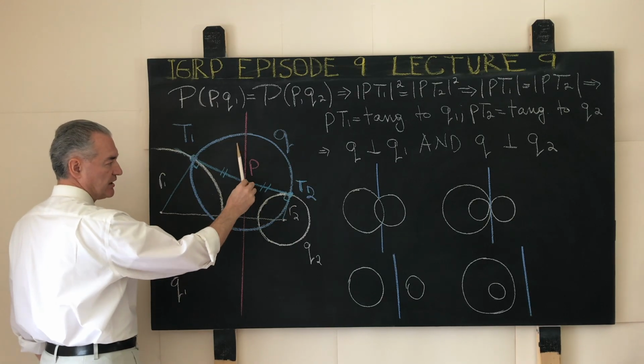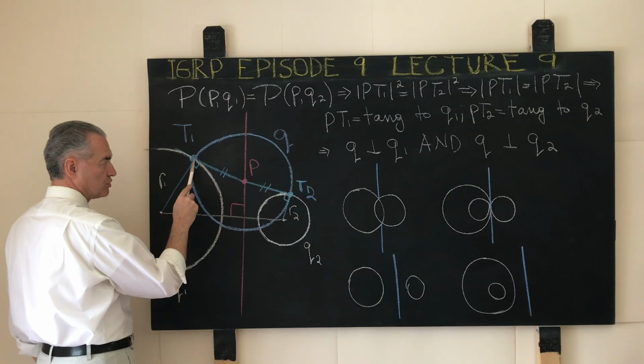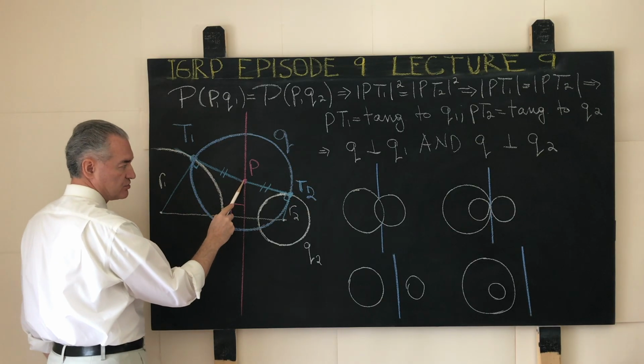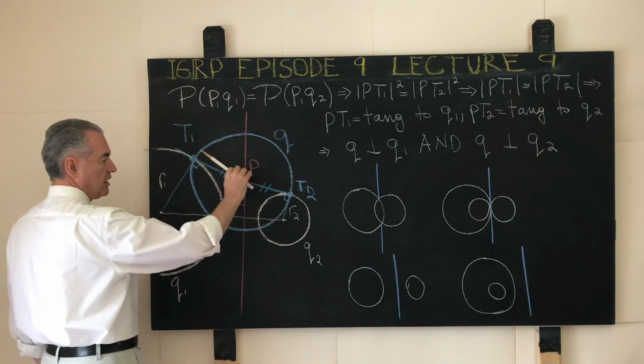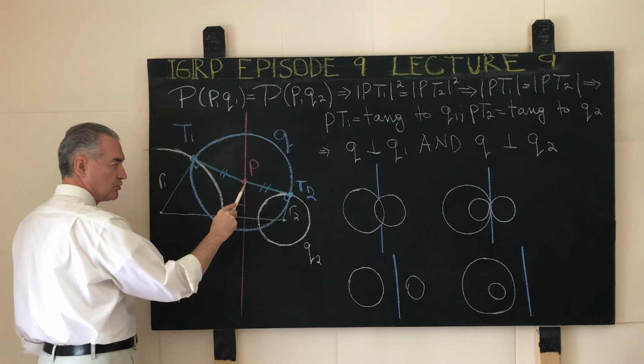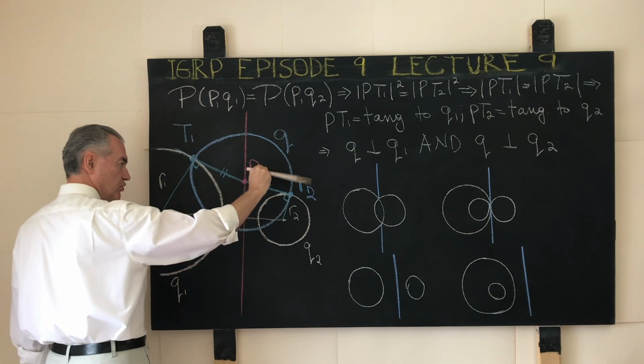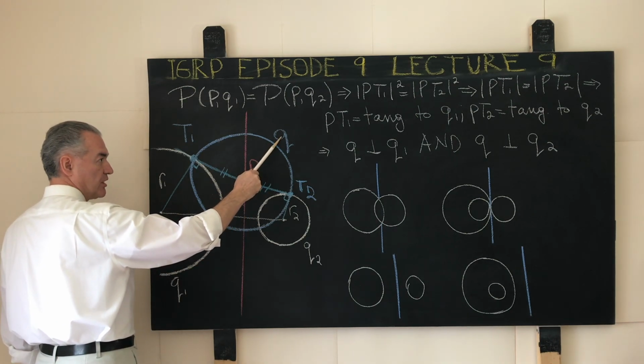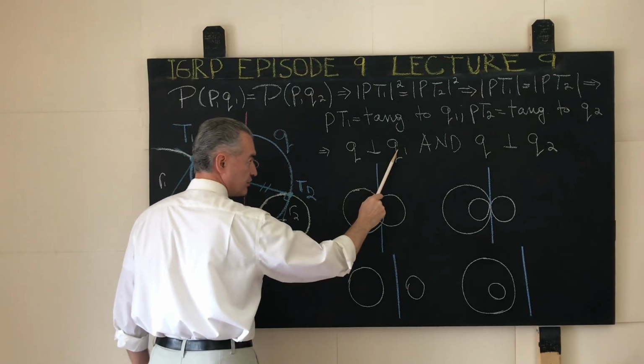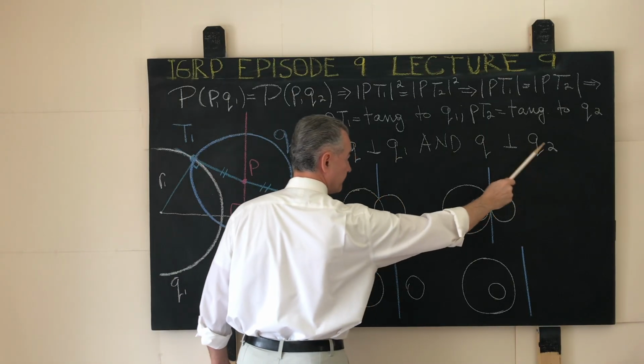Let's say we construct a tangent through such a point to the circle 1, or a tangent through this point to the circle 2, and using that point, the chosen point P, as the center and the length of the tangent as the radius, we snap a circle, name that circle Q. That circle Q will be orthogonal to both the circle 1 and the circle 2.